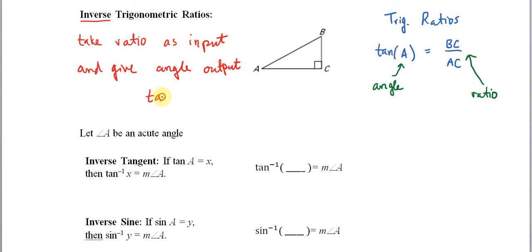So for an inverse trigonometric ratio, what we would do is write the tangent inverse, and this superscript -1 looks like we're raising this to the negative first power, but that's not what it really means. It's just a weird notation that means the inverse trig ratio.